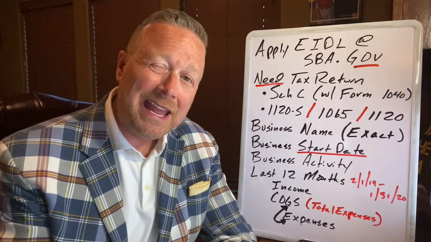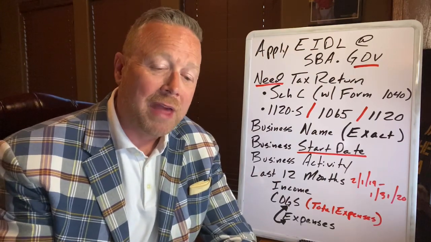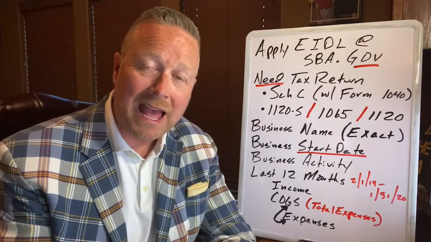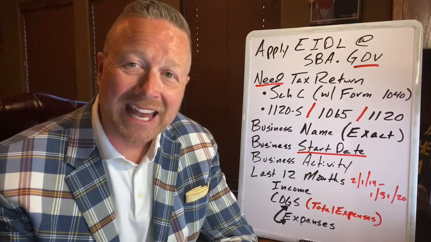So the key here is that you need to have the tax return that you're filing this on, meaning when you're getting the EIDL, it is going to be on your EIN.